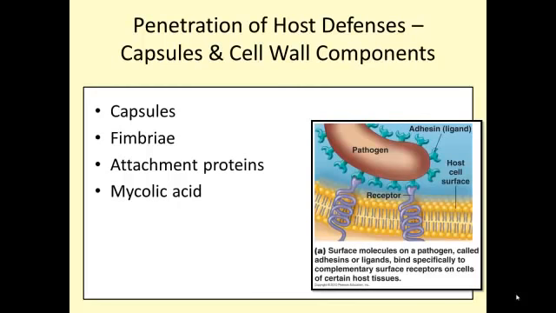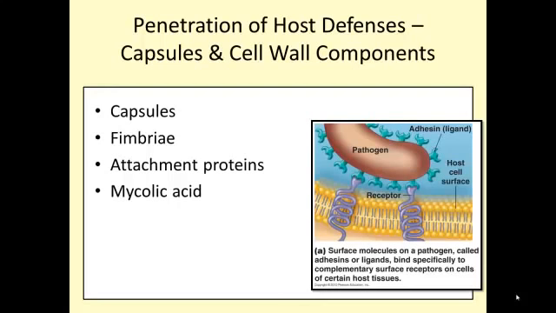Capsules, you should know how capsules aid in penetration of host cell defenses, which is, that's right, it makes the pathogen harder to phagocytize. Mycolic acid, let's skip to the bottom because we've talked about that. Mycolic acid performs approximately the same function as a capsule. It makes the cell slippery, so to speak.